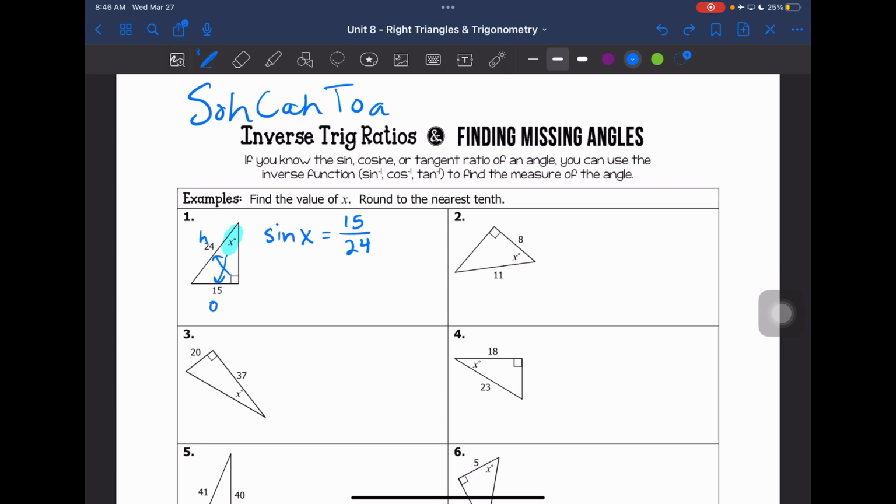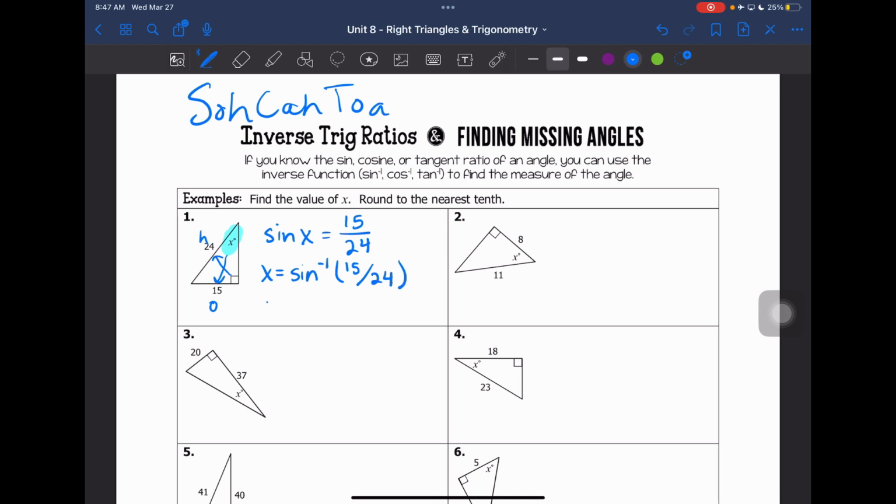What I need to do is take the inverse sine, and so that's how we're going to solve for x. So x is equal to, and the way that we write inverse sine is just sine and then put a little -1 at the top, and that just means inverse sine. And then you put your 15 over 24 in that.